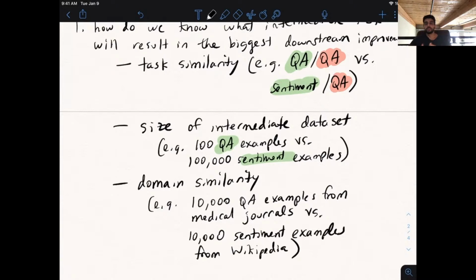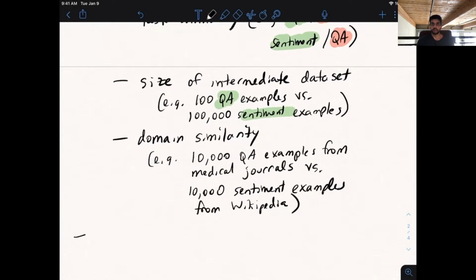Right, so there are so many different factors when you think about why a particular data set is more useful than another for intermediate fine-tuning, and it's hard to know in any particular case which of these factors is going to be the most significant.